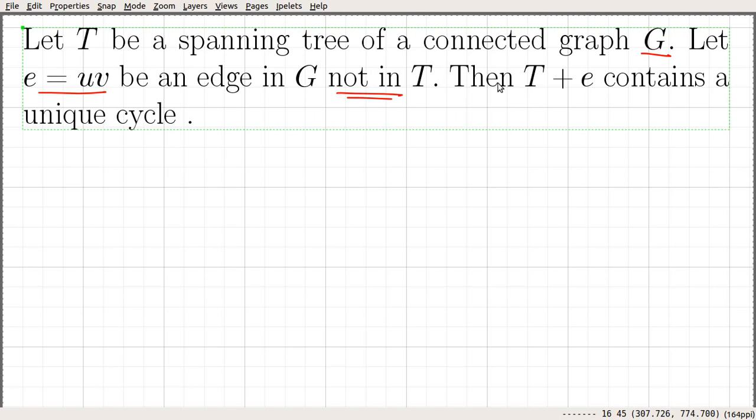Then T plus E contains a unique cycle. So if we add this edge E back to that tree, then you will get a cycle, and that cycle will be a unique one. Okay, so let's go and prove this.